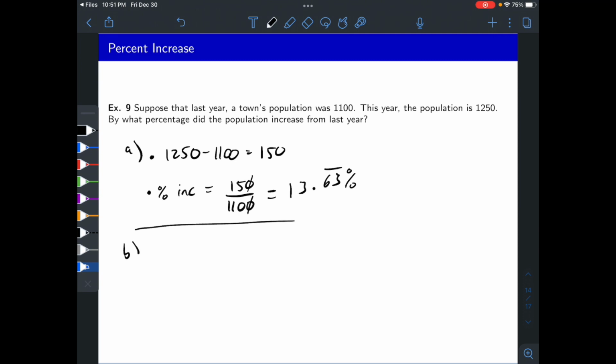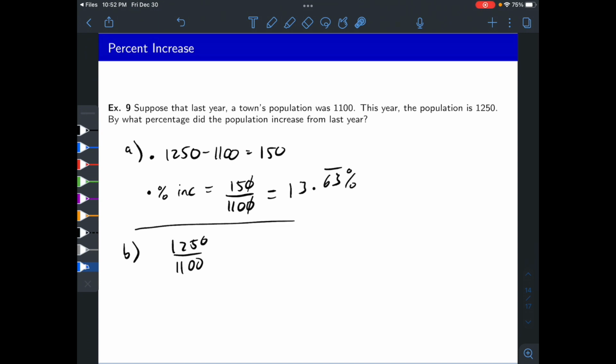Okay, another way that you could do this is to figure out what 1,250 is as a percentage of 1,100. Most of the percentages that we've been doing so far have been less than 100. But of course, you could say, I currently have 200% of what I had last year. That would mean I have double what I had last year. You could still do that, and it makes perfect sense. So 1,250 out of 1,100.